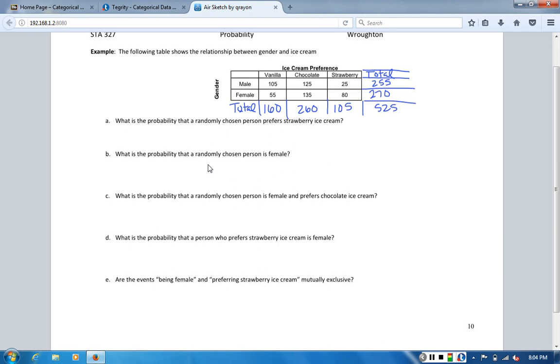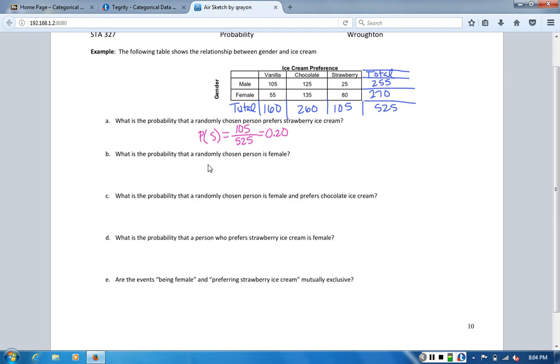So if I want to find that a randomly selected person prefers strawberry ice cream, it's going to be how many people preferred strawberry ice cream and how many total people did we sample. There's going to be about a 20% chance that someone preferred strawberry ice cream. So there's a probability of an event.